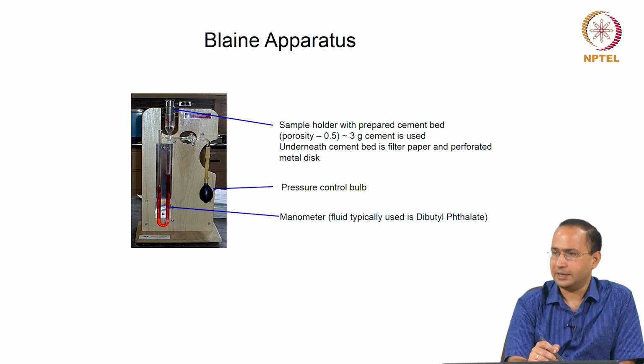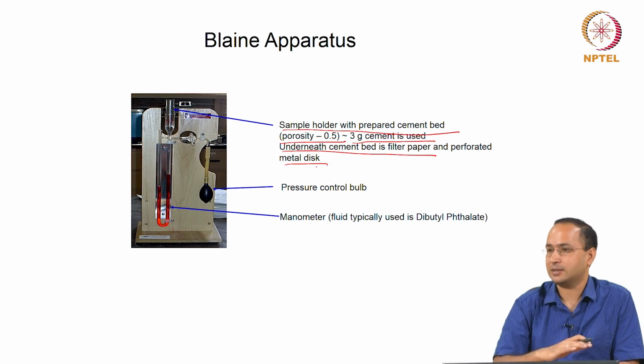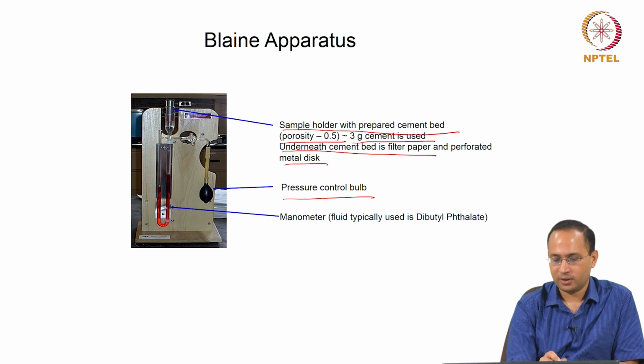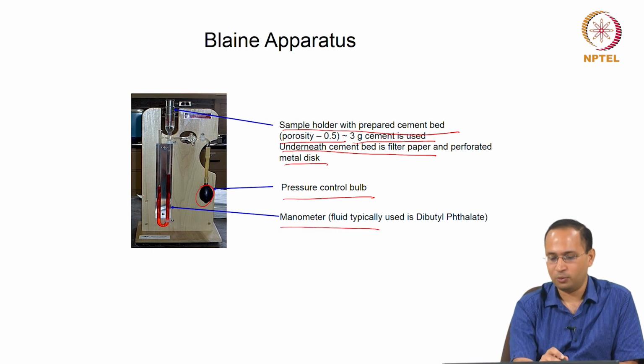That is what it looks like. This is a Blaine apparatus. So, you have a sample holder with a prepared cement bed, with a porosity around 0.5, and you use roughly 3 gram of cement. Underneath that cement powder you have filter paper and a perforated metal disc, that is here. And you have a pressure control bulb here, which you use to control the pressure, and you have a manometer.